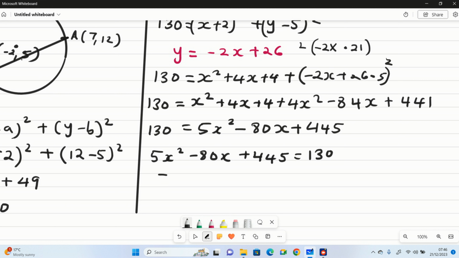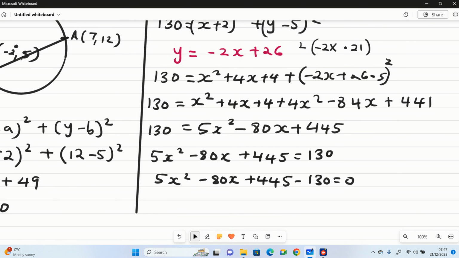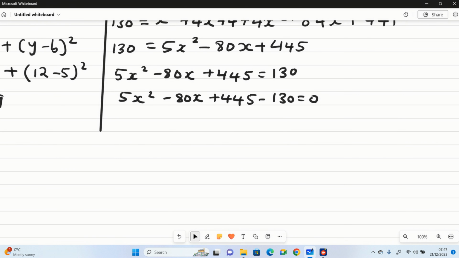So you'll end up having 5x squared minus 80x, then plus 445 minus 130 equal to 0. So this one becomes 5x squared minus 80x. If you take 445 minus 130, what are you going to get? 445 minus 130, we are going to have 415.